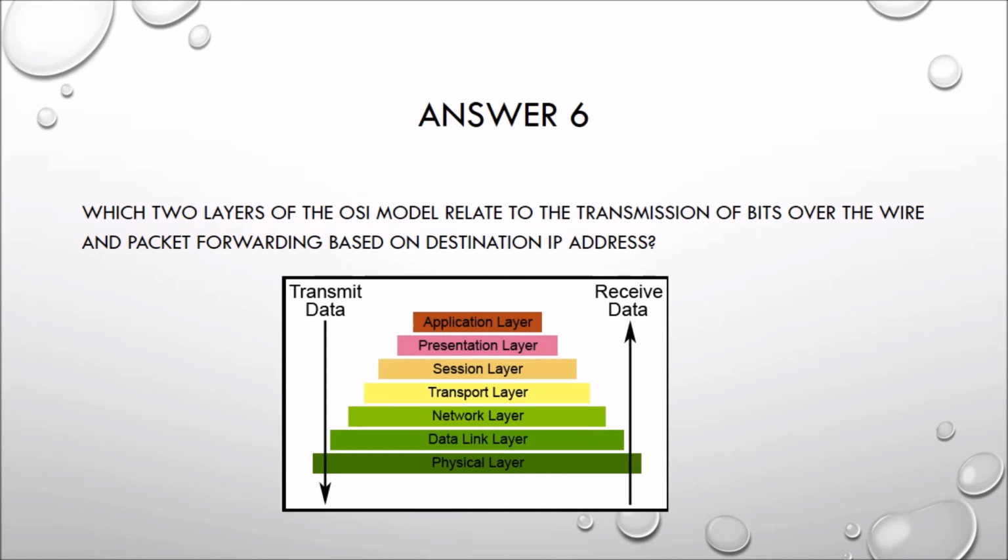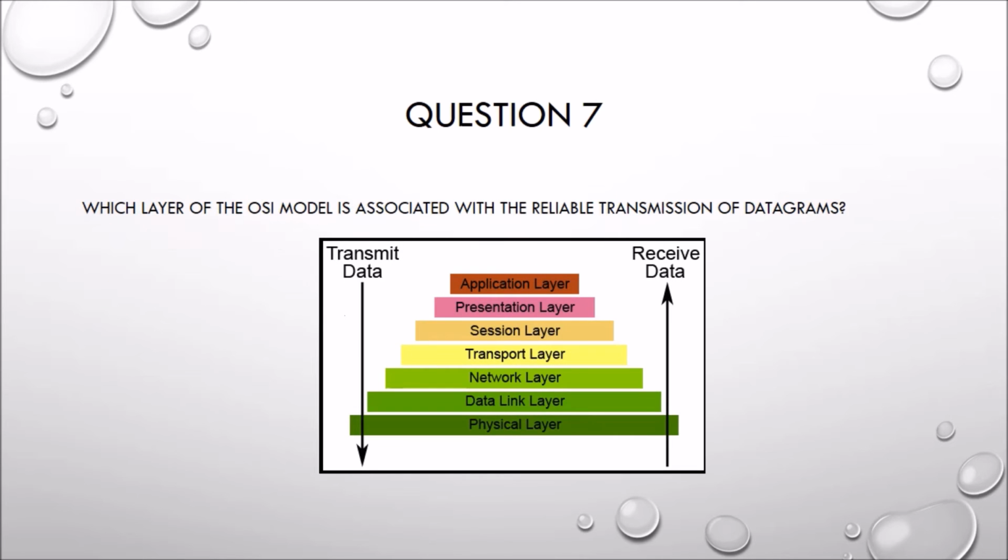The transmission of bits over the wire and packet forwarding based on destination IP addresses, these are two completely different technologies that operate at different layers of the OSI model. So the answer is layer 1 and layer 3. Layer 1 deals with the transmission of bits or electricity over the wire, and layer 3, the network layer, deals with IP addresses.